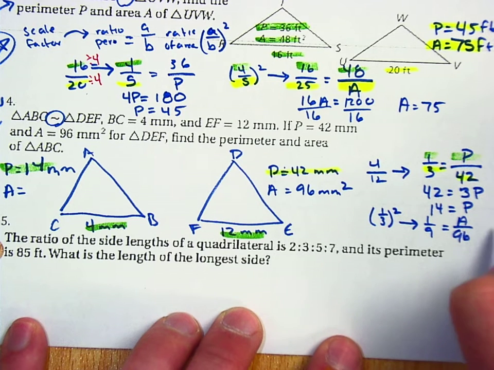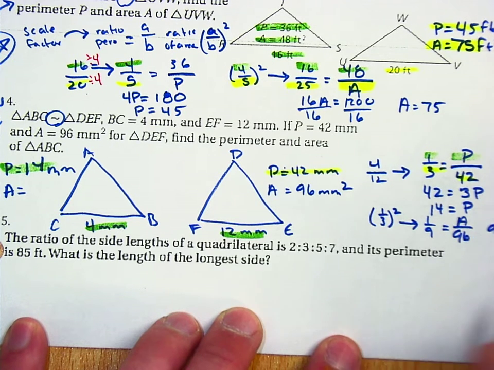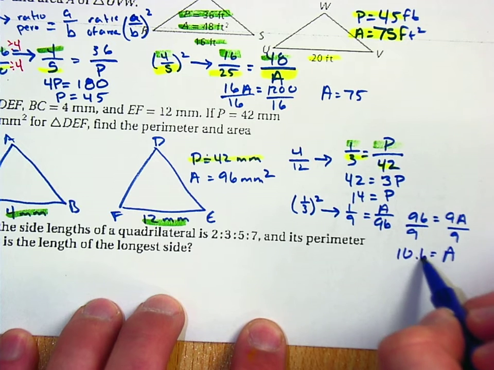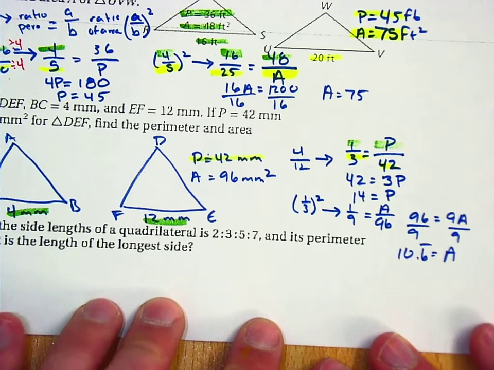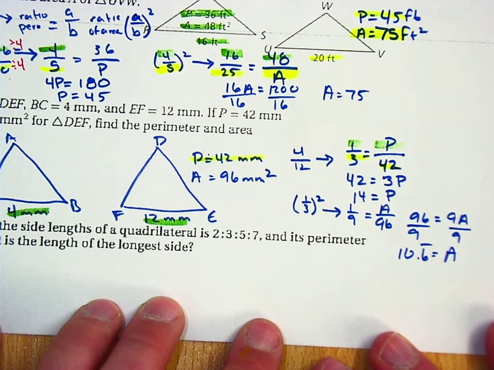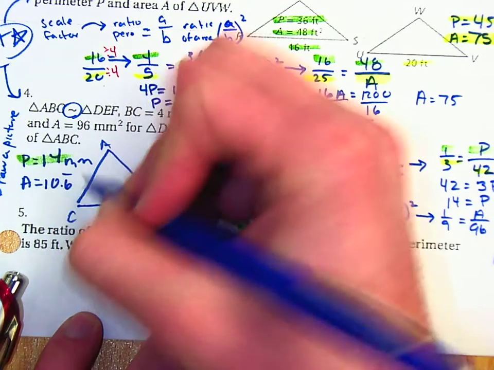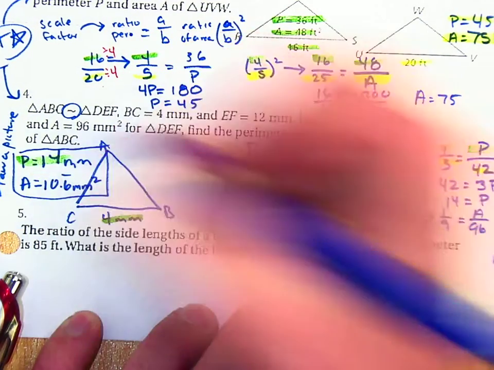Well, 96 times 1 is 96, and 9 times A is 9A. You divide by 9, get A equals 10.6 repeating. Now remember, we got units at the start, so we need to fill out units in our answer. So it's 10.6 repeating millimeters squared. And that's our answer.